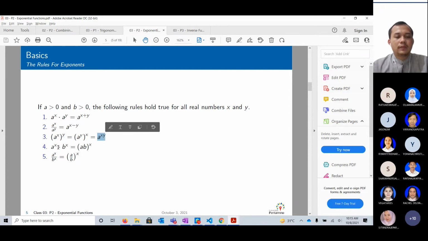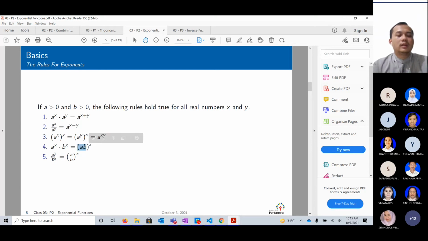And what happens if the bases are different, but the powers are the same? Then we can make it like this. So a power x times b power x equals a times b power x.